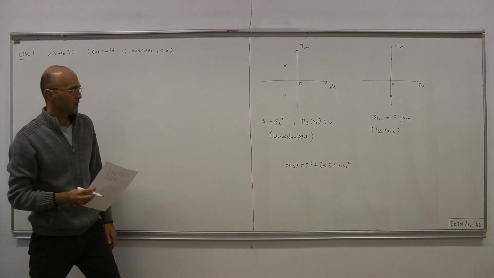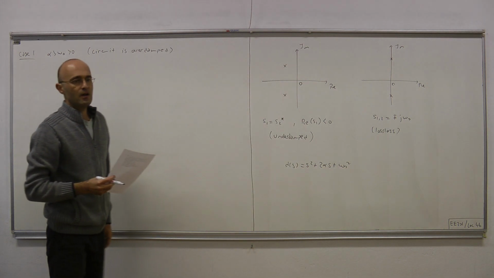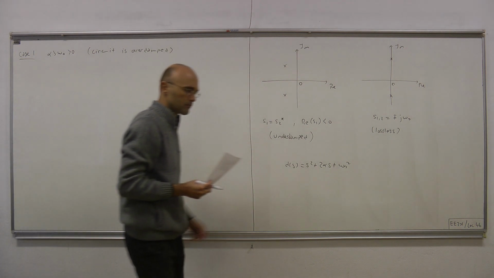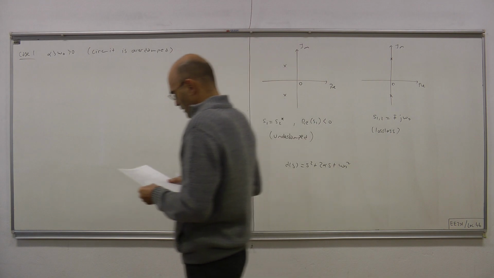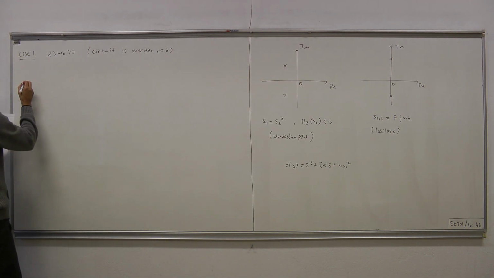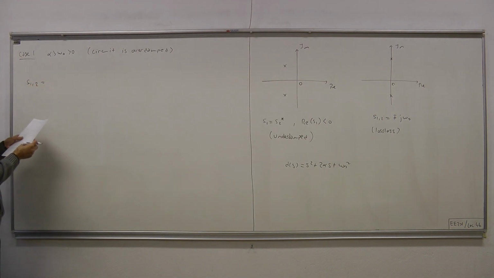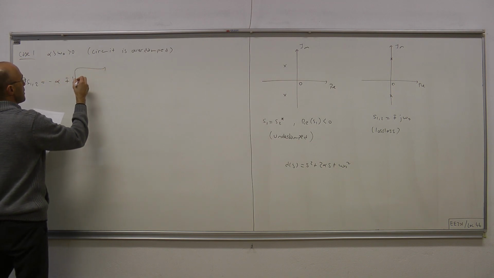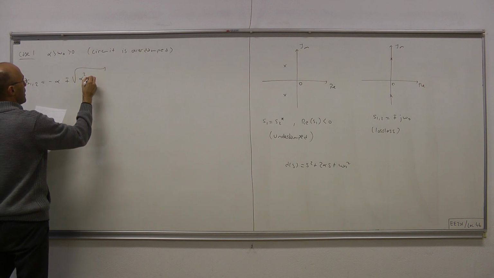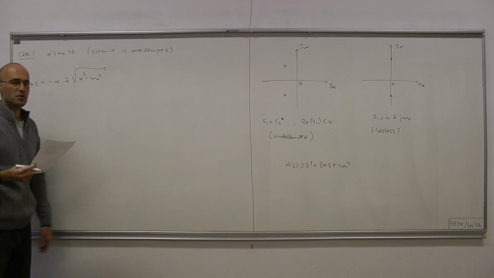So those are the coefficients in our characteristic polynomial. Okay. So S1,2, the roots are at minus alpha plus minus the square root of alpha squared minus omega 0 squared.